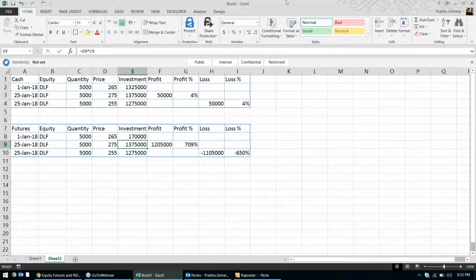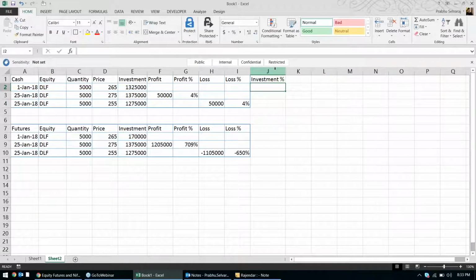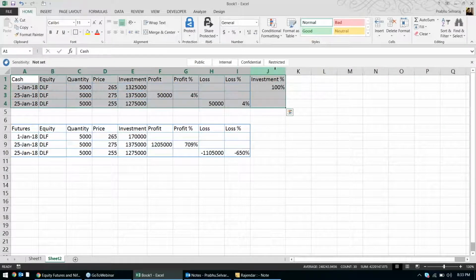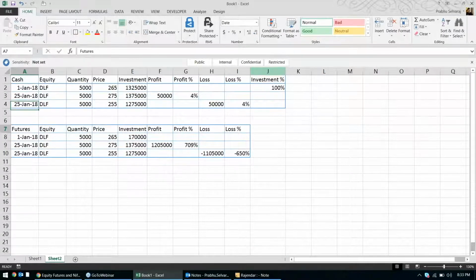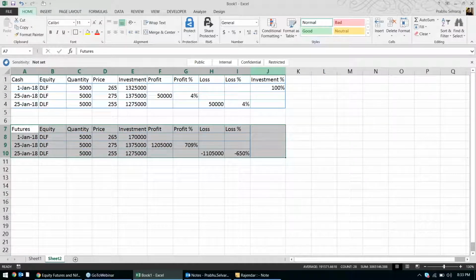So here, what is my investment percentage? I have 13 lakh. I'm investing 100% into the market, the entire money, and I'm making this much profit. How much am I making? 4% on my investment.